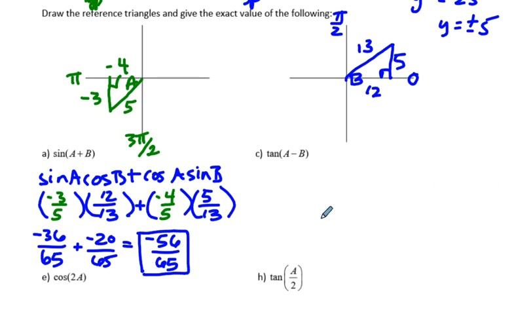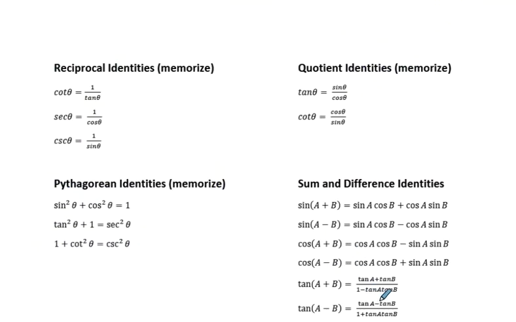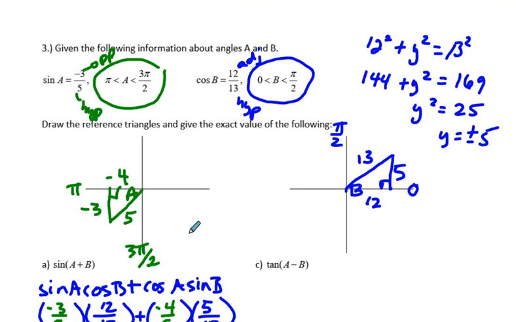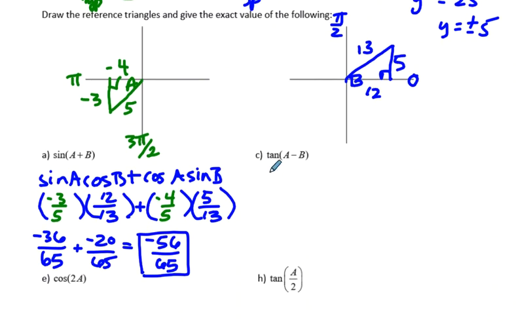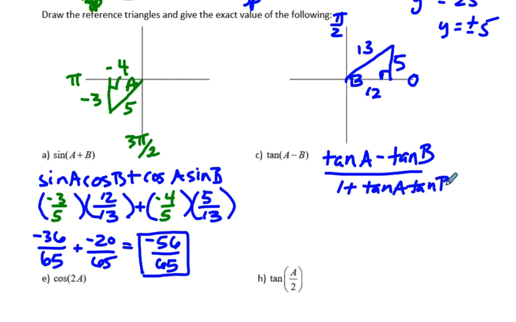Okay, tangent of A minus B. So your tangent formula is tangent A minus tangent B over 1 plus tangent A tangent B. Okay, so tangent A is opposite over adjacent, and the negatives will cancel, so you get just 3/4.